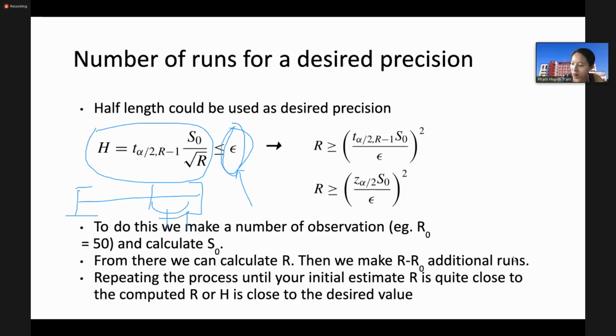Right, so with simple math, we will get this number of replication. This is the minimum replication we need to run in order to have our half width of confidence interval smaller than the epsilon value that we want.